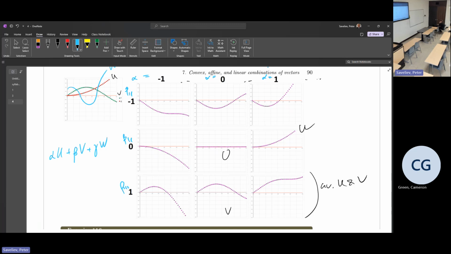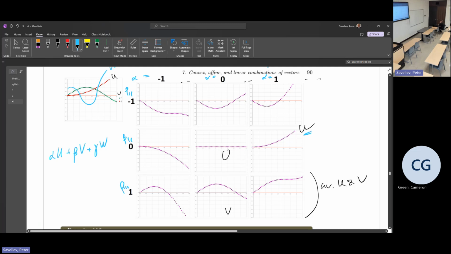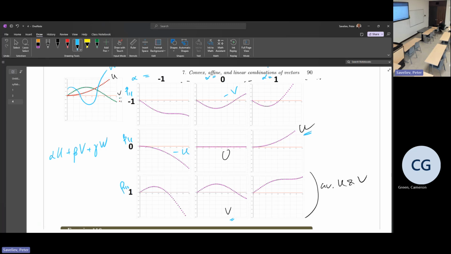By the way, this is negative u right here. If this is u here, this is negative u, upside down. If this is v, this is upside down, negative v right here. So once again, alpha reflects the contribution of u. Beta reflects contribution of v.